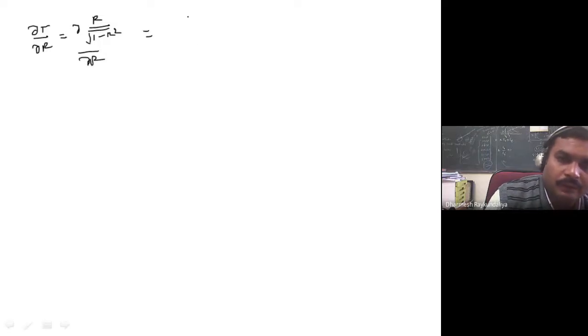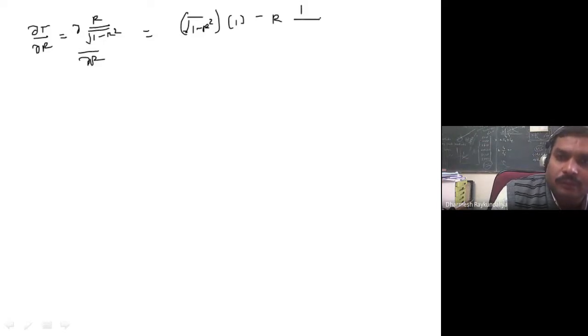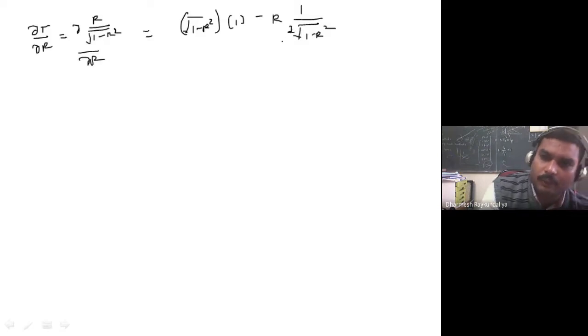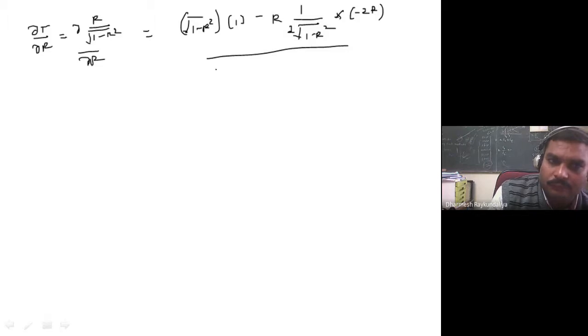Derivative of T with respect to r is equal to derivative of r upon square root of 1 minus r square with respect to r. So it is u by v. I will just take this as a constant, 1 minus r square. Derivative of r is 1, and the square root of 1 minus r square is constant. Derivative of square root of 1 minus r square is 1 upon 2 root x, so it is this, and derivative of minus r square is minus 2r, divided by the square root of 1 minus r square.